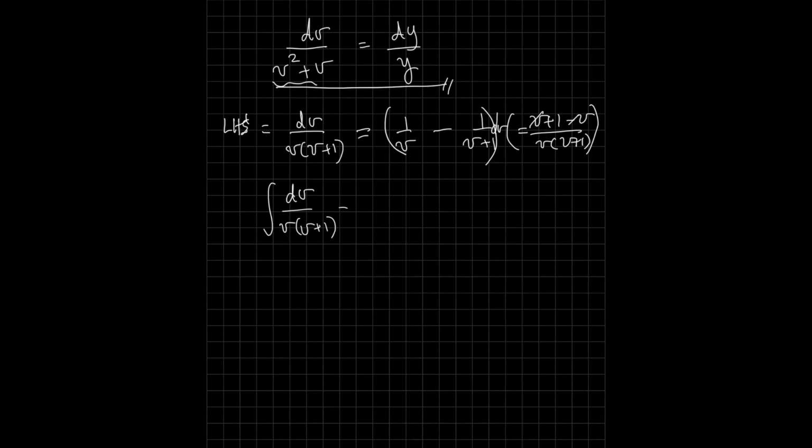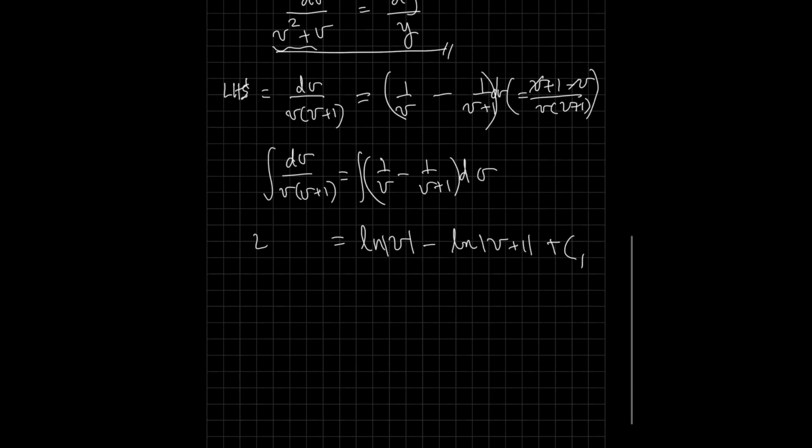the integral of dv times this expression, which is not very hard really. What you get is ln v minus ln(v plus 1) plus some constant of integration. Let's call it c1.